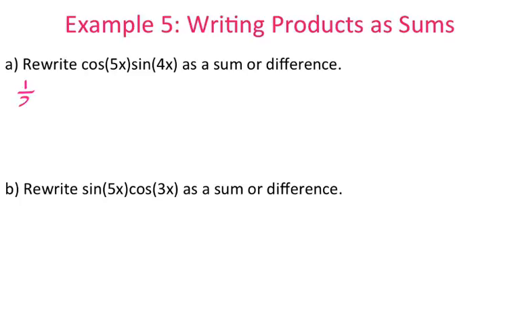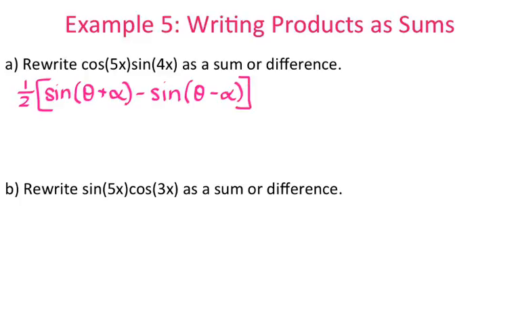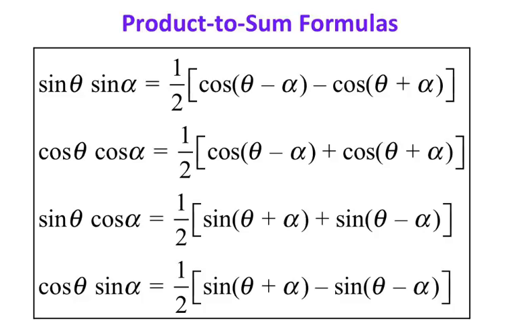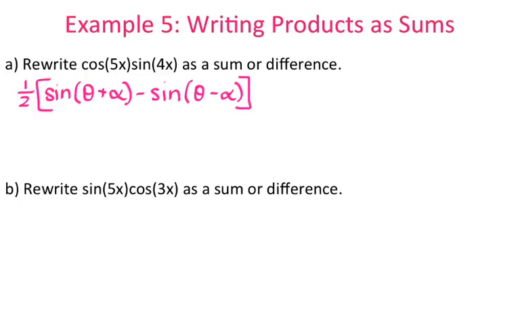So that's 1/2, and then cosine times sine is 1/2 sine of theta plus alpha, I'm just looking at my formula sheet right now, minus sine of theta minus alpha. I realize your formula sheet uses thetas and alphas when this PowerPoint, oh, my PowerPoint does use thetas and alphas. Never mind. Sometimes it's using V's.